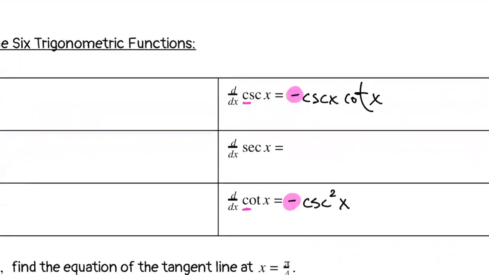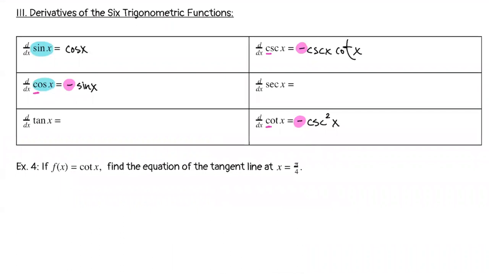So, one of the patterns that a student pointed out to me once upon a time was, well, if I can't remember if a derivative is positive or negative, if the trig function starts with the letter C, then those derivatives are going to be negative. It turns out that is true. So the derivative of cosine is negative sine.